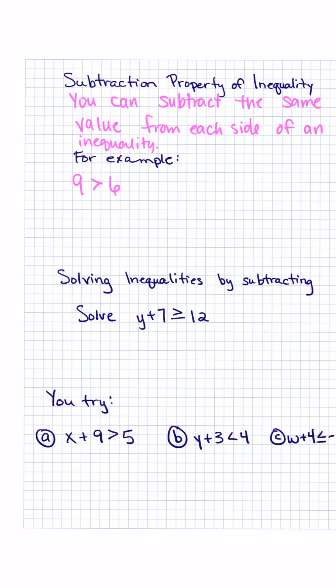If we subtract 3 from 9, it's the same thing as long as we do it to the other side. In our algebra, A is greater than B, so therefore A minus C is greater than B minus C. As long as you're doing it to one side, you do it to the other.